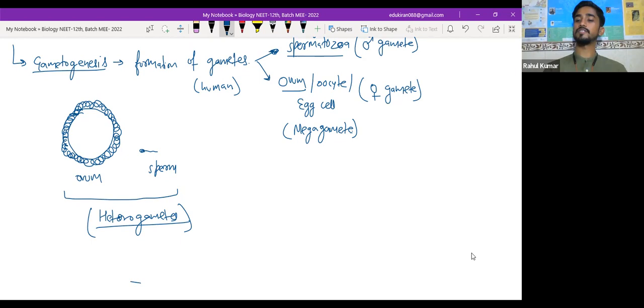They cannot be differentiated or distinguished from each other by looking at them.